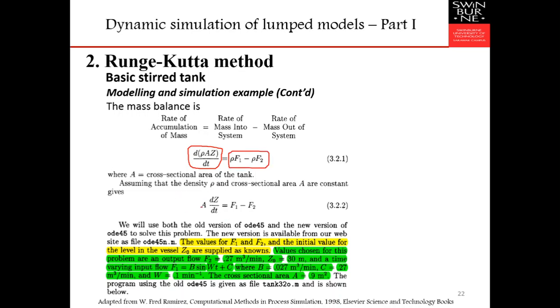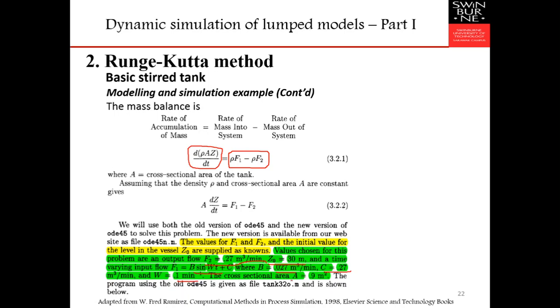By assuming that rho is constant and A is constant, then rho and A can be taken out of the brackets. And then we define that the outlet flow rate is equal to 0.27 and the initial height is 30 meters, and we will use a time varying input flow in the form of a sinusoidal wave, where B is equal to 0.027, C is equal to 0.27 and W is equal to 1 meter.